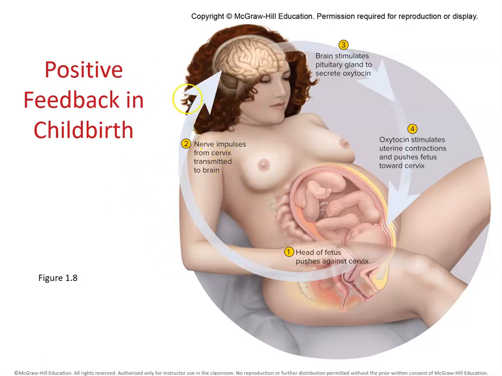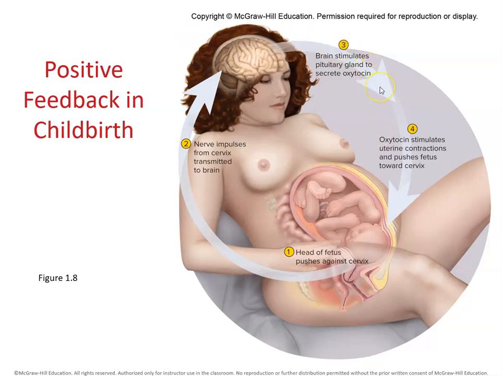That sends a message to the brain that stimulates the production of oxytocin, and the oxytocin is secreted, and the oxytocin causes stronger and more frequent contractions, which push the baby's head against the cervix more frequently and with more pressure, and that sends the same impulse back to the brain.